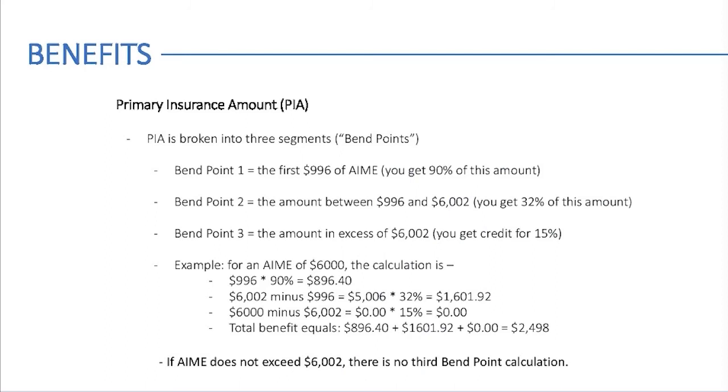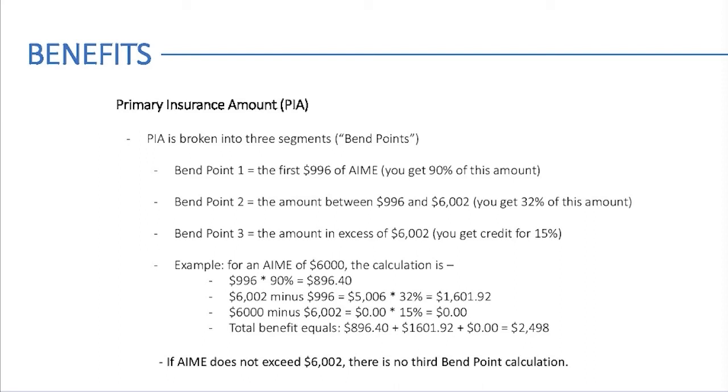Okay, now the real math. The favorite part. Go ahead, Sharon. The primary insurance amount, PIA, is usually equal to your full retirement age benefit. Each year, depending on wage indexing, Social Security creates bend points. They tend to go up every year, which gives you a larger percentage of your benefit.